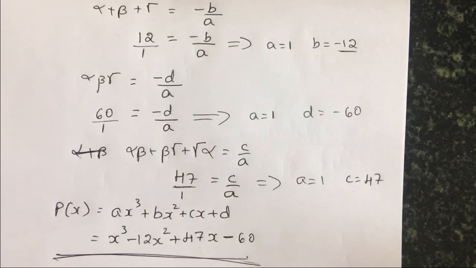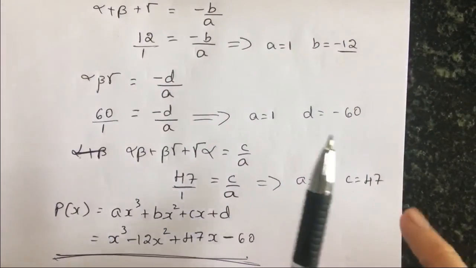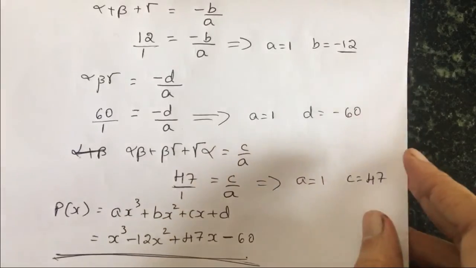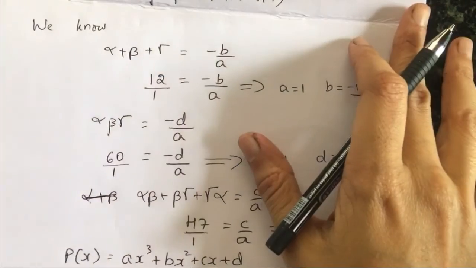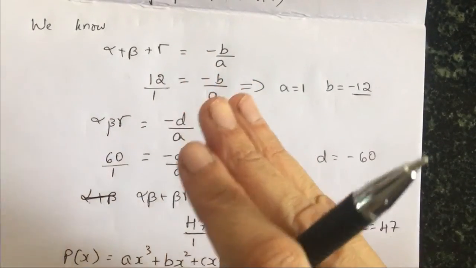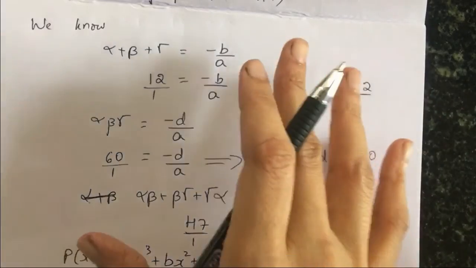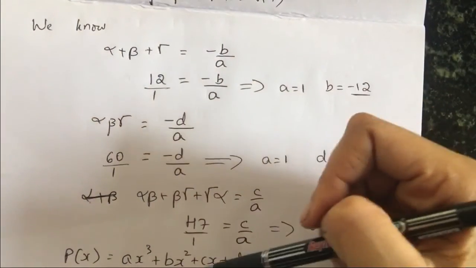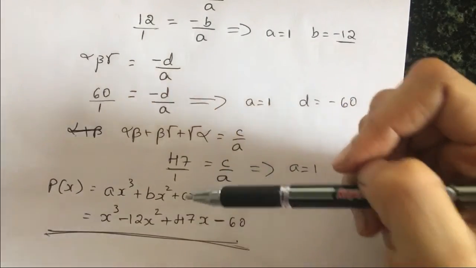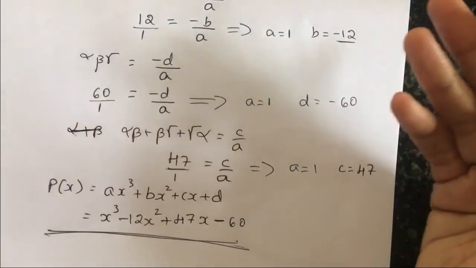Here they have given you the sum, product, and product of two terms at a time. So these things they have given you and you are calculating the polynomial. In a few cases, just like the quadratic polynomial, they are giving you the three zeros, and they'll ask you to verify that these zeros of a cubic polynomial satisfy P of x, and you check the relation between its coefficients and zeros.